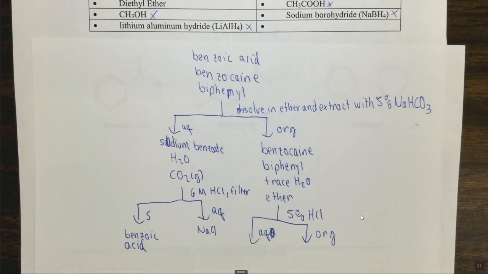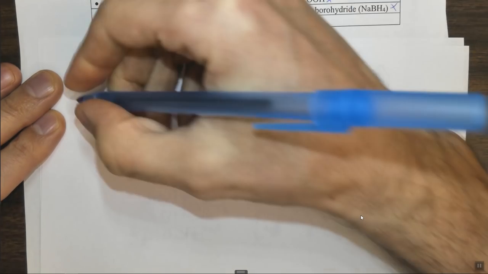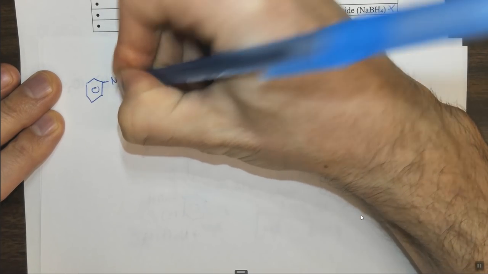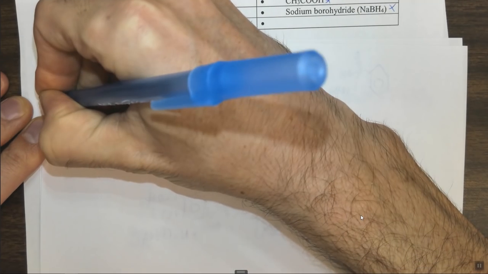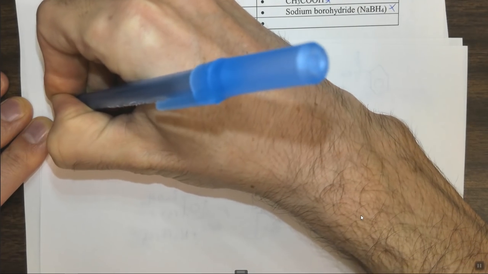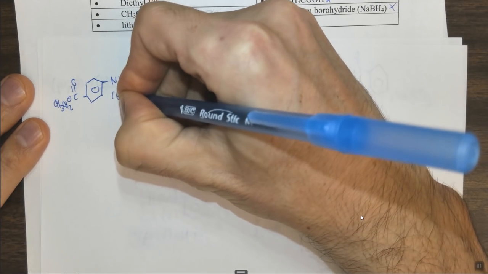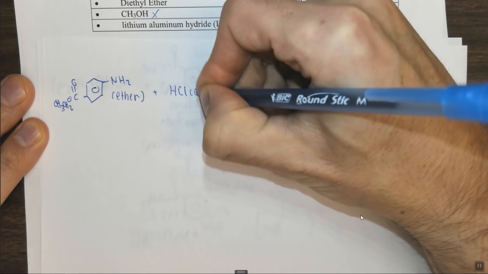Okay, so what's going to happen? Well, in this case, we have benzocaine. And benzocaine looks like this, and it's dissolved in ether. And we add HCl, which is aqueous.